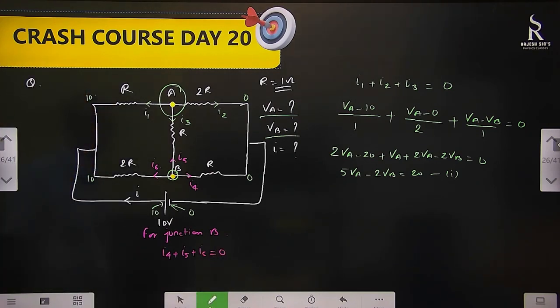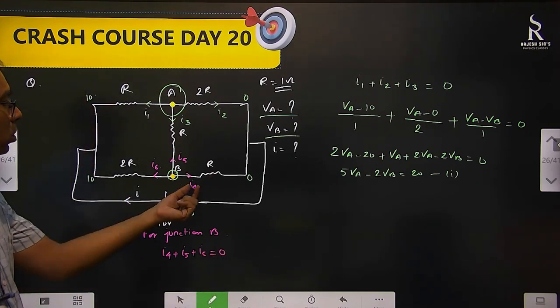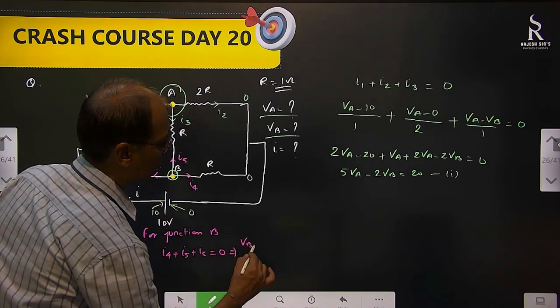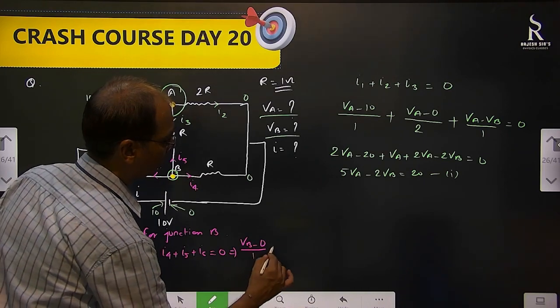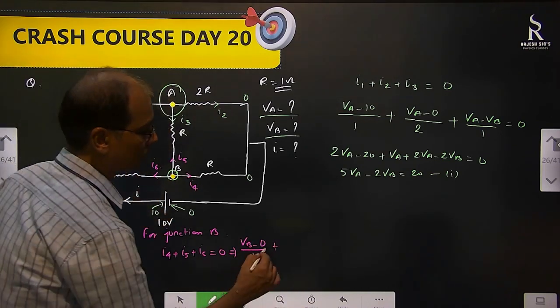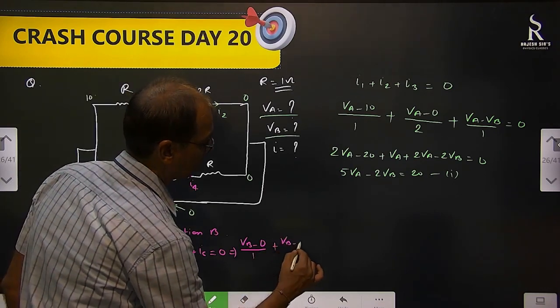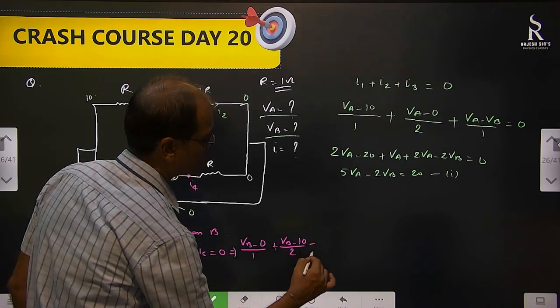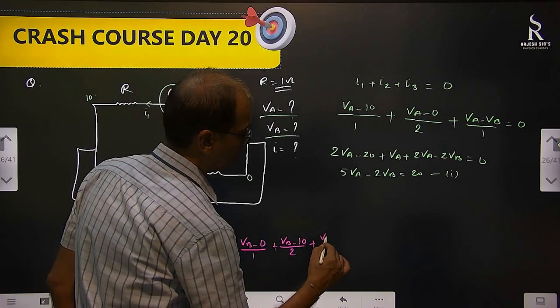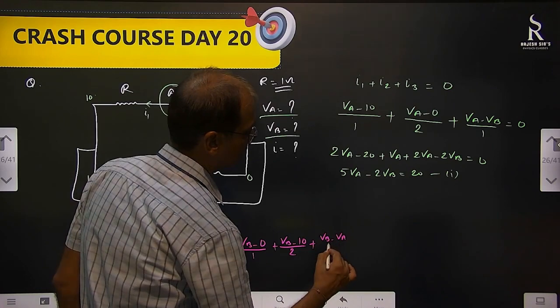What is I4? VB minus 0 by R, R means 1, plus VB minus 10 by 2R, 2R means 2, plus VB minus VA by R. That means 1. VB minus VA by 1 equal to 0.